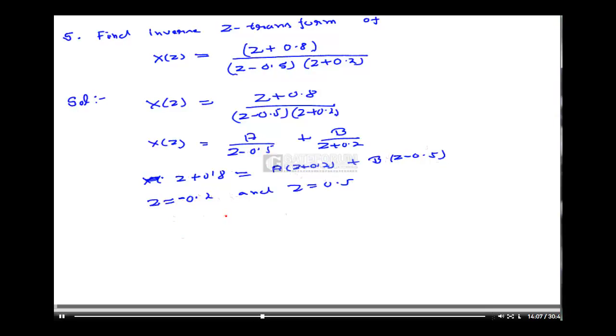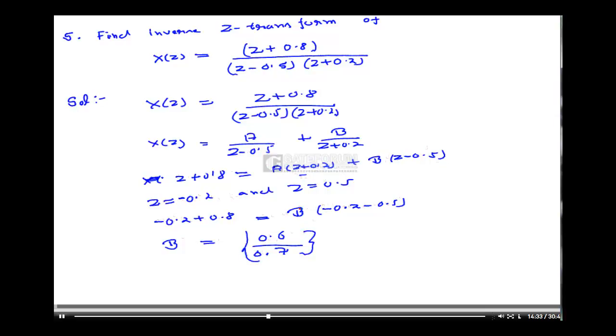So on substituting z equal to -0.2, I will get -0.2 + 0.8 is equal to, this term will become 0, b times (-0.2 - 0.5). So my b is nothing but 0.6 upon -0.7.